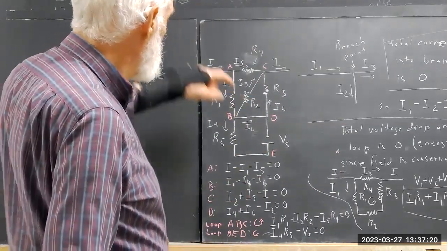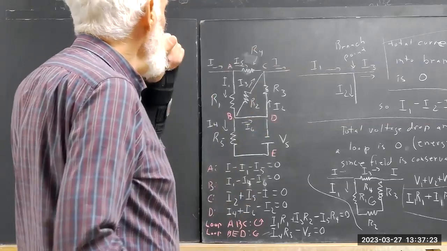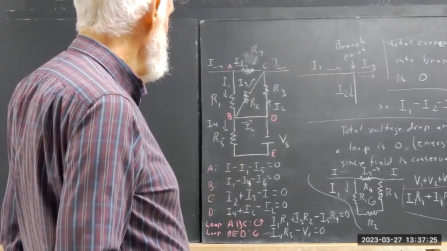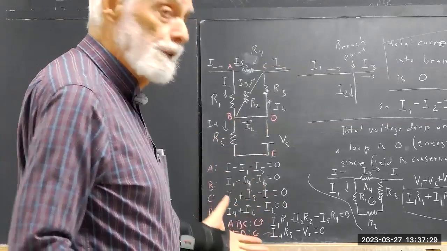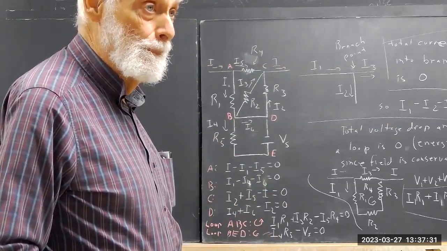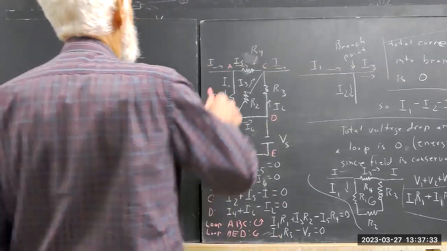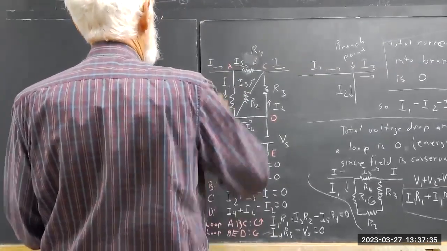And I've got my current I up here. I should have put a subscript for that since these currents all have subscripts. So I'm going to call this I sub 7.